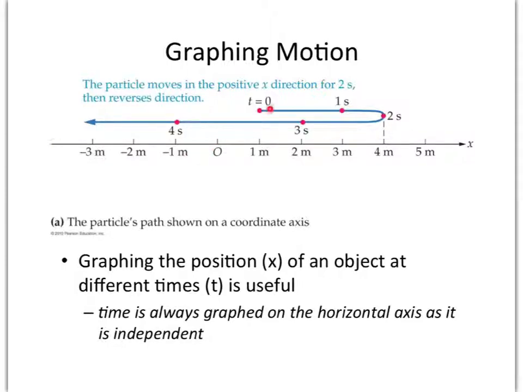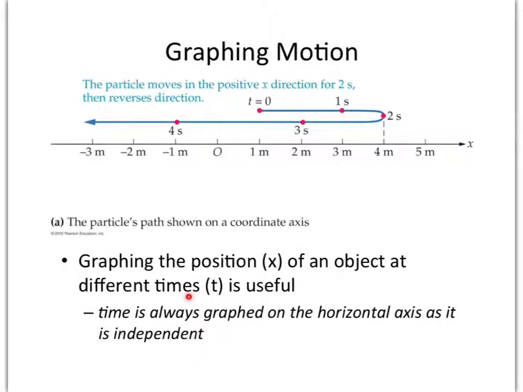Does this mean that time is going backwards? No, it means time is going forwards, but you are moving backwards, and it's just kind of confusing if you have one axis. So plotting your position versus time on two different axes is very useful.